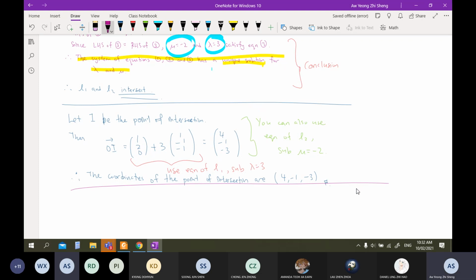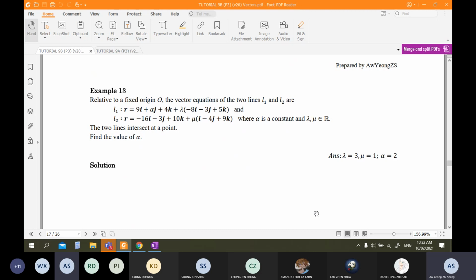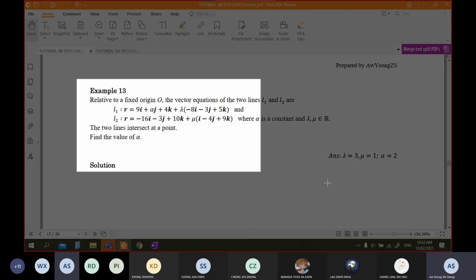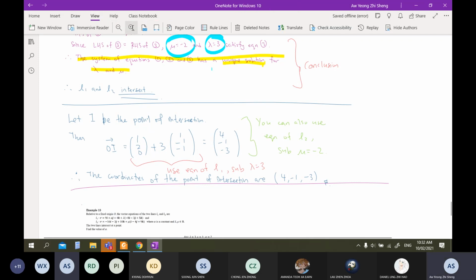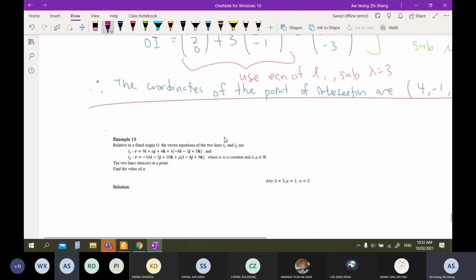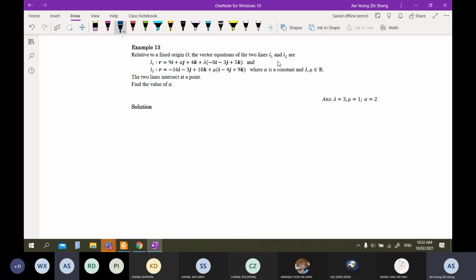Okay, now we move to example 13. You have vector equations of the two lines L1 and L2 given this way. The two lines intersect at a point. You are told that the two lines intersect.